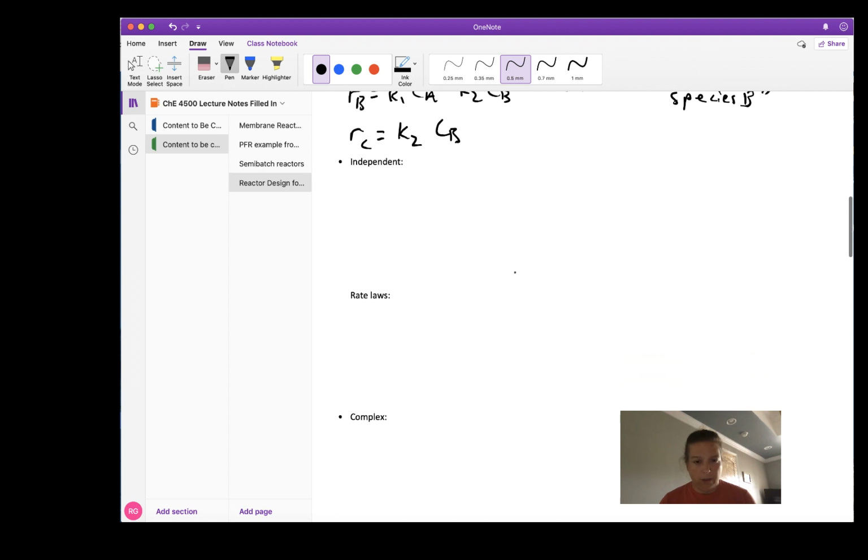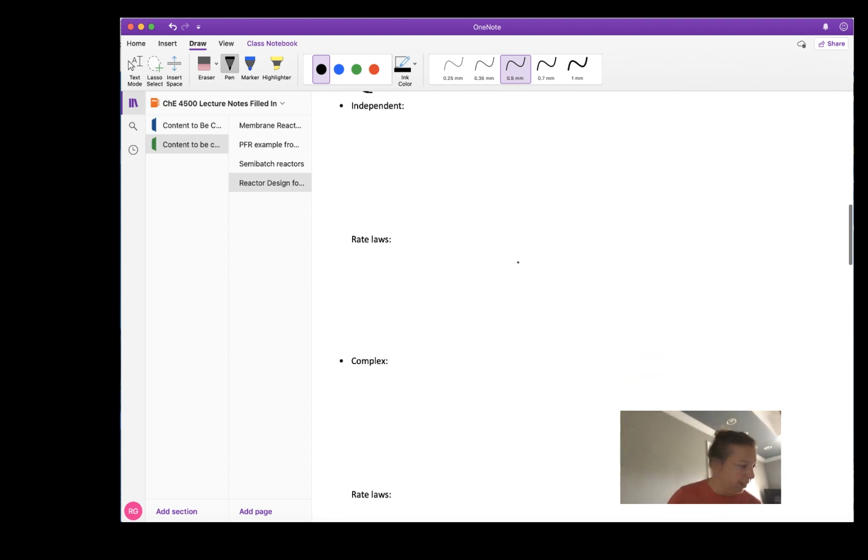Okay, so the next example is independent reactions. What that might look like: I have A goes to B plus C with one rate law, one rate constant, and then D goes to E plus F, and I have another rate law, rate constant.